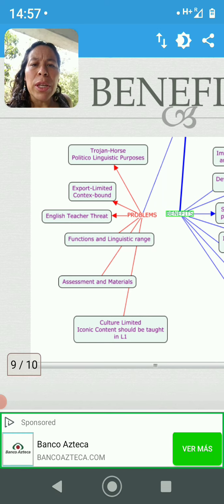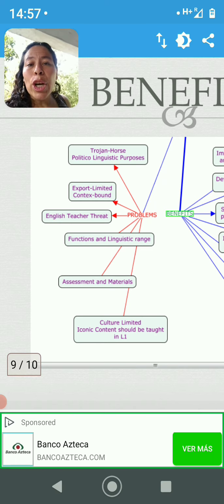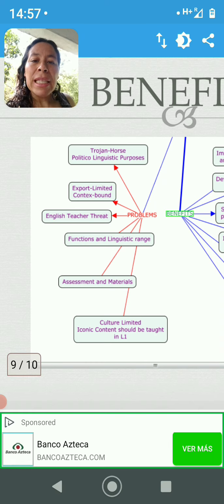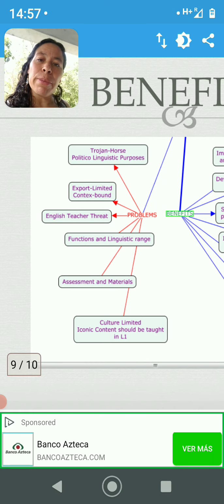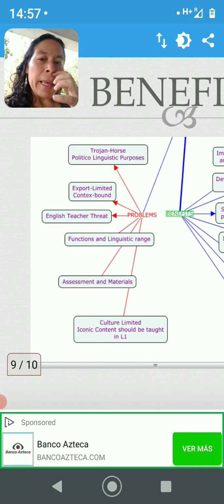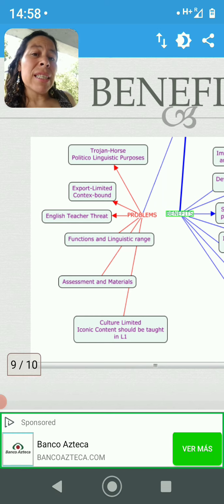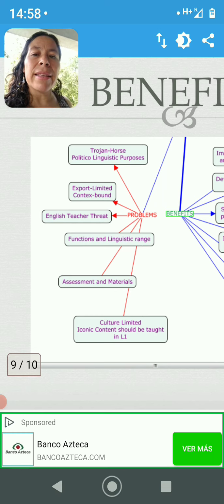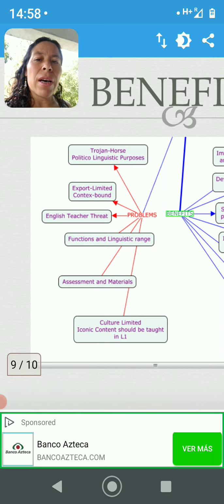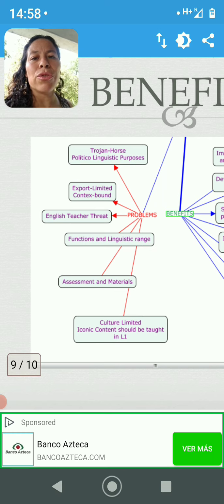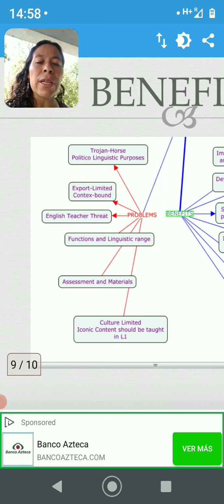From my point of view, we need to work on assessing the content and materials. We can use materials from other countries. If they are core content like mathematics, science, we have material that can be used. We can just reduce the amount and the complexity of vocabulary, but we can always adapt those materials.